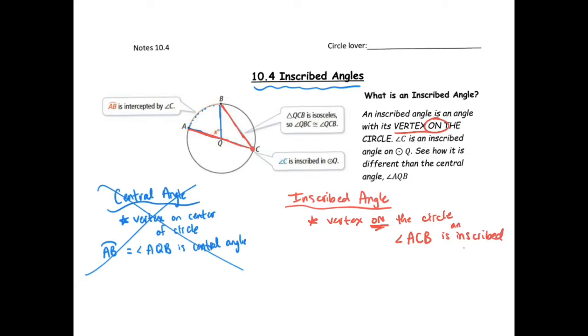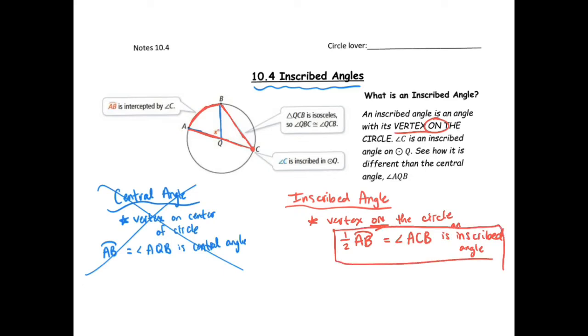It is an inscribed angle because it has its vertex on the circle. And what we're going to learn about these is that they are equal to half of the arc. So instead of being equal to exactly AB like a central angle, it's a little bit different. It's going to be equal to half of AB. So I could get into the math real quick if you want me to, or you could take my word for it.